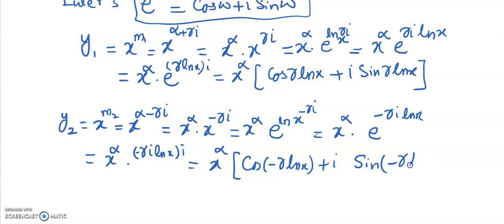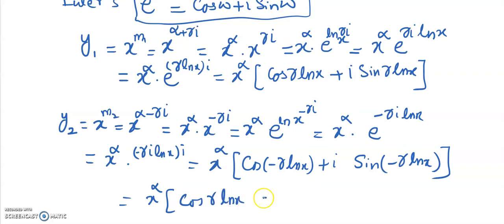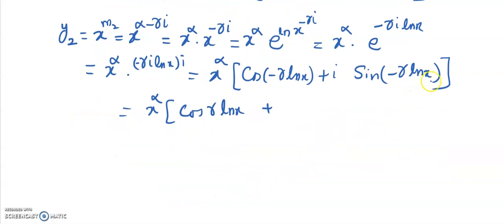Now we know that cosine of minus gamma log of x is the same as cosine of gamma log of x, and sine of minus gamma log of x is actually minus sine gamma log of x. So here the sign will change.